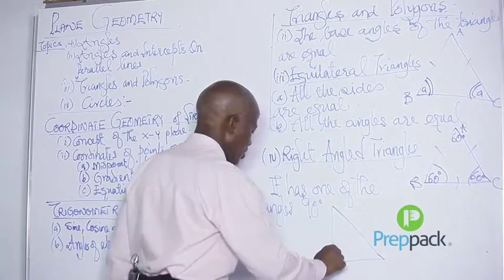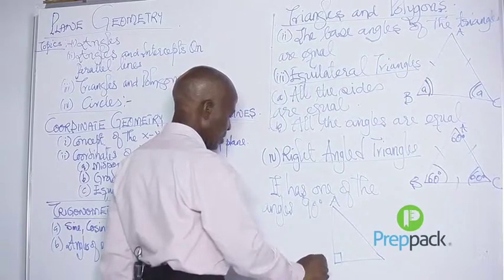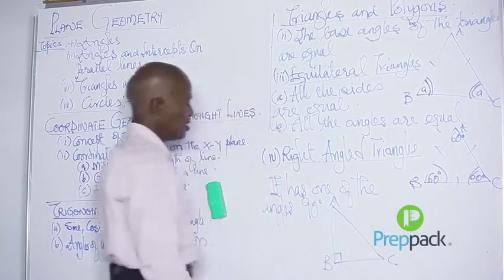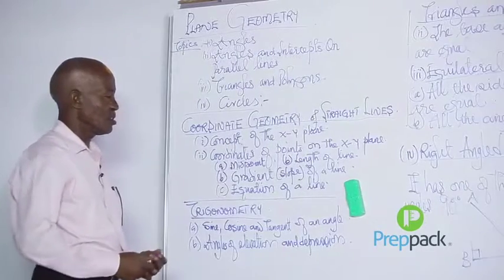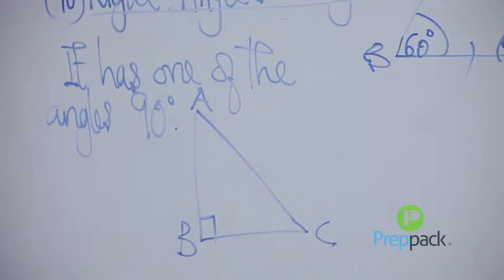This is the symbol for 90 degrees. So, right angle triangle ABC is shown below. It has one of the angles 90 degrees. Okay, that is its property.